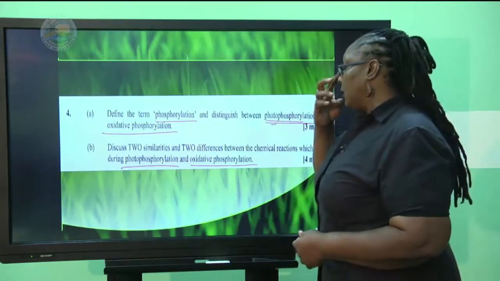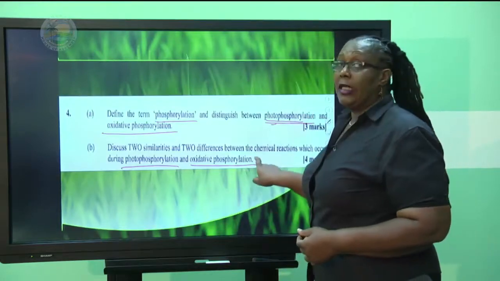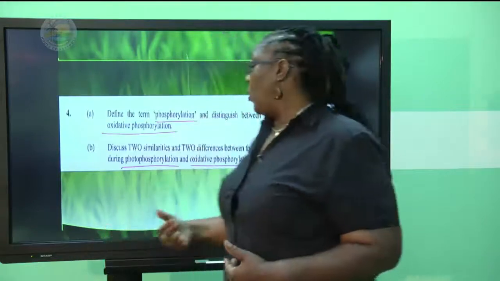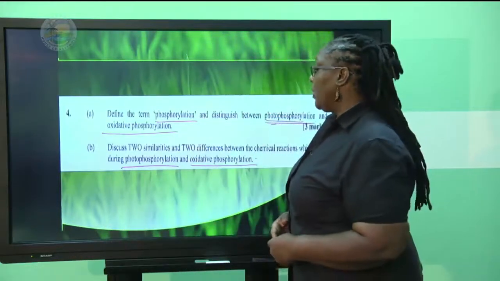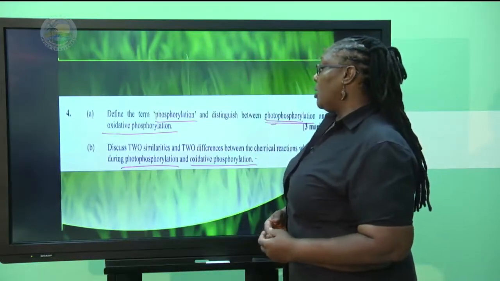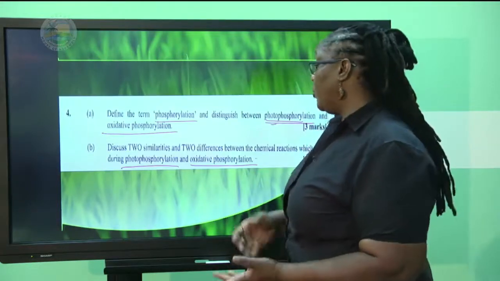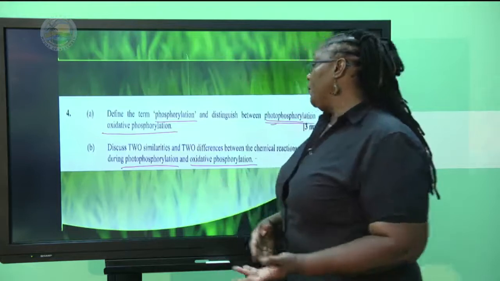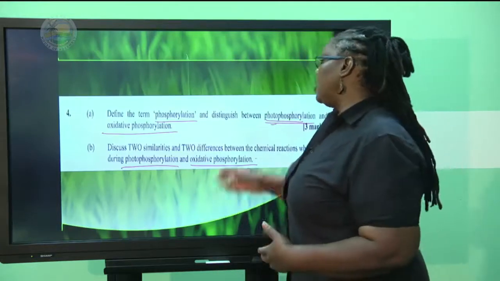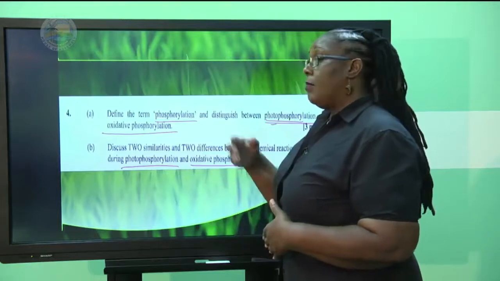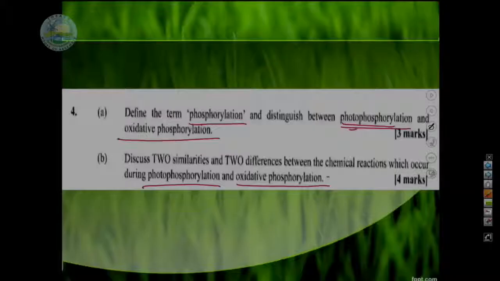In oxidative phosphorylation, the oxygen is being reduced to form water. You also have the sources of the energy. In photophosphorylation, it's coming from the sun, all right? And in oxidative phosphorylation, it is coming from these molecules which would have captured the energy initially coming in glucose.